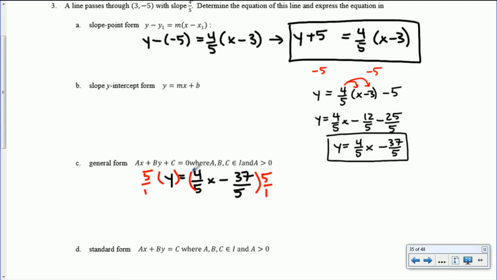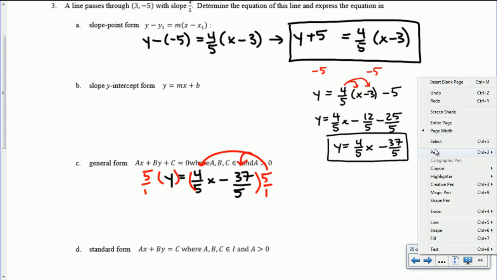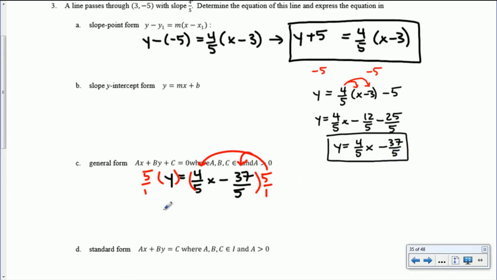So 5 times y is 5y. 5 times each of those things. We'll get rid of the 5 in the denominator, so we have 5y equals 4x minus 37. Keep the x on the right because it's already a positive coefficient, so I need to bring this y to the right.